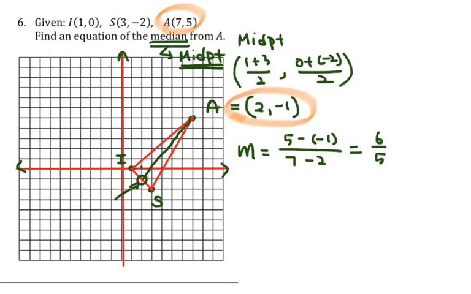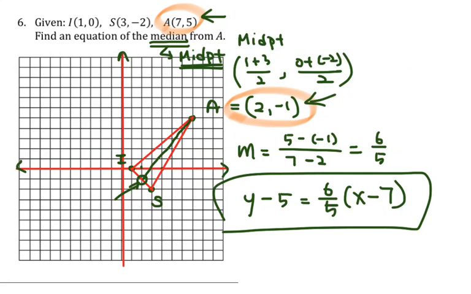But the point-wise, I can use either midpoint or A. Either way is fine. So our equation is y minus 5. I'm using point A, and 6 over 5 times x minus 7. And that's basically what we can do. Great.